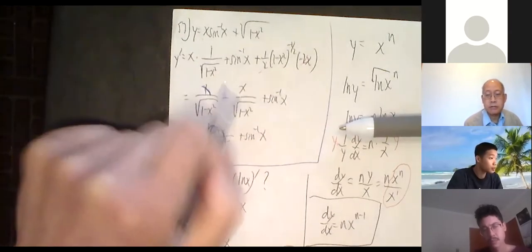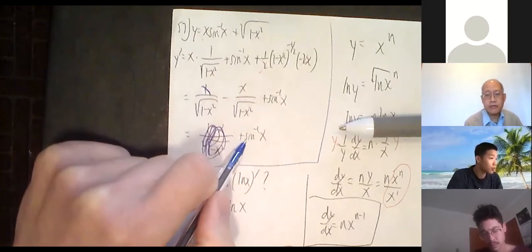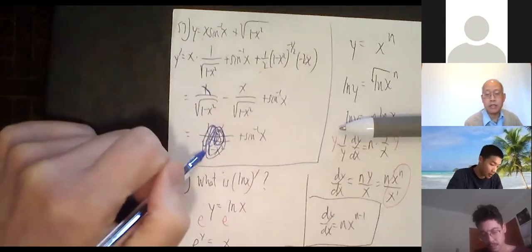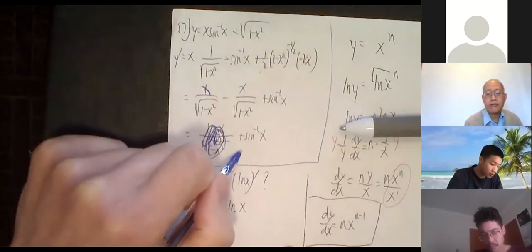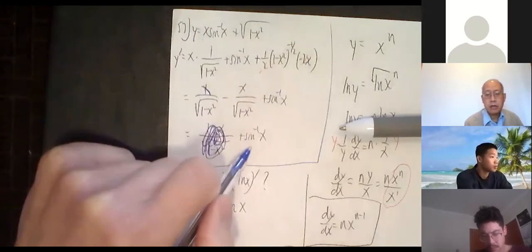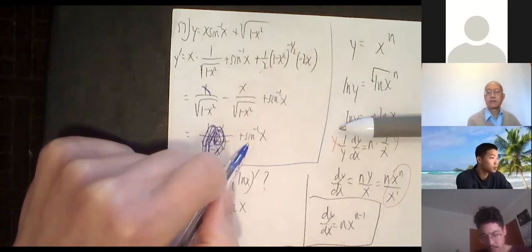So they cancel out, plus inverse sine of x. So all I have left is just inverse sine of x, which is weird. Okay, this is all gone, I messed up here. So the final answer is just inverse sine of x. So the derivative of this big mess here, strangely enough, just comes out to be inverse sine of x. Okay.